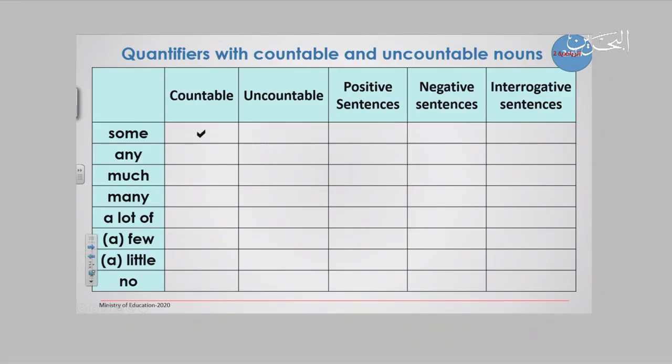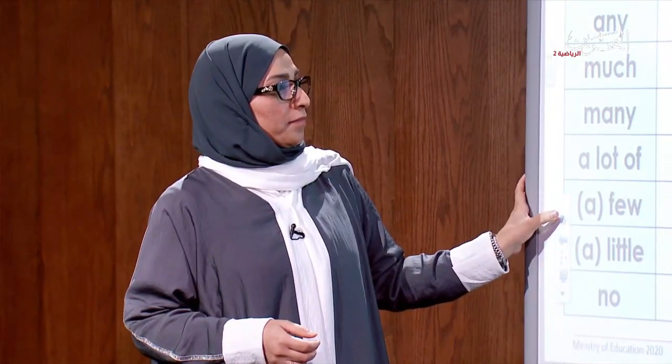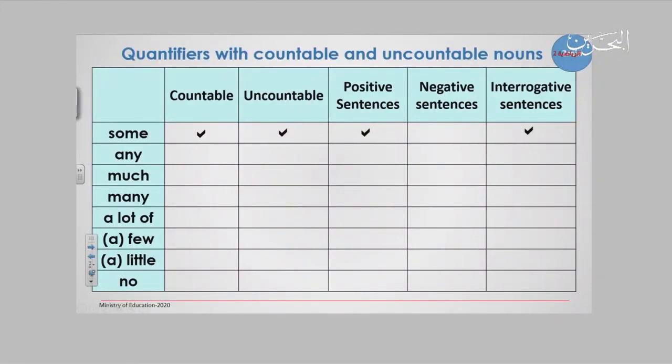These are the answers. For some, I can use the quantifier some with countable, uncountable, positive sentences, and interrogative sentences, as I told you, in a question. Check your answers with me while I'm clicking the answers, please. Any, countable, I can use it with countable. Is there any tomatoes?